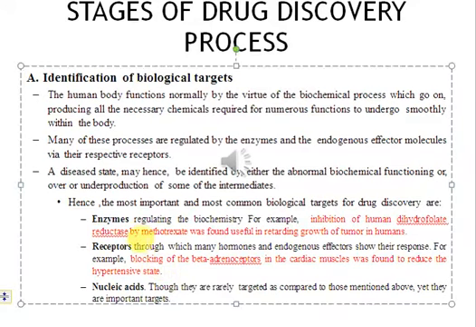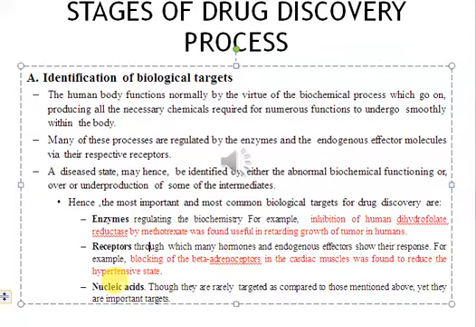It means that this beta adrenoreceptor is responsible for the hypertensive state. So if a person is hypertensive, we block the beta adrenoreceptor. The problem is with this receptor. So the target is where the problem lies.